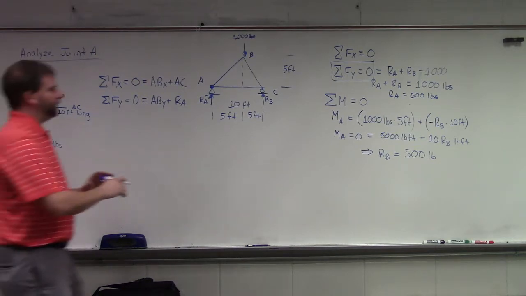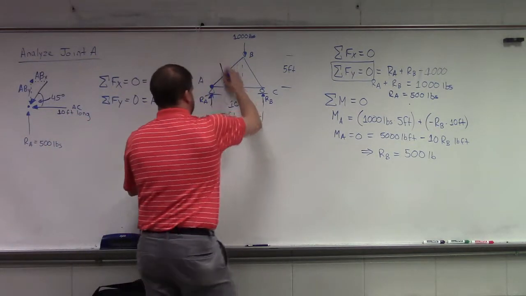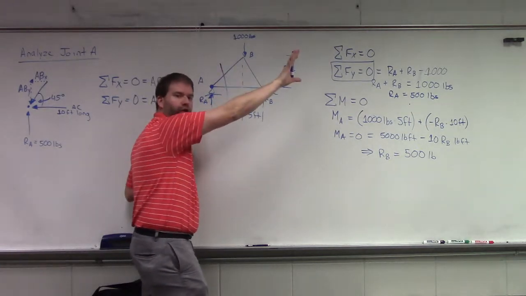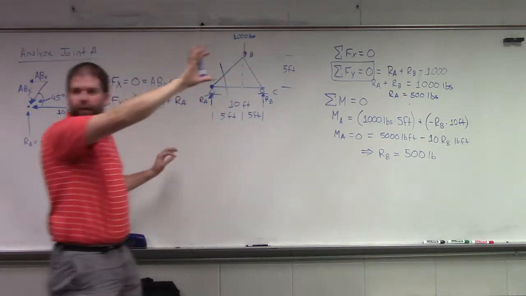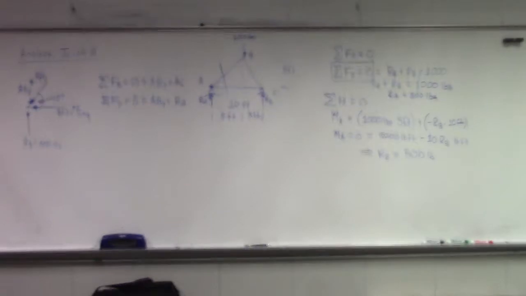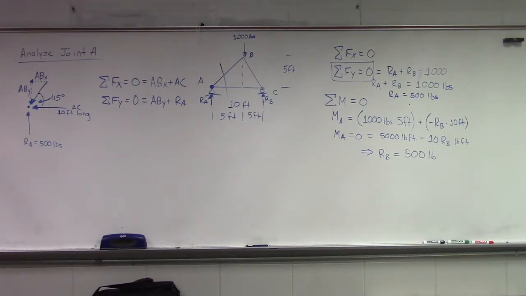Because we've taken our truss and we've cut it here, and so we're completely ignoring everything to the right of that portion of the member. Is it assumed there's no force on your bottom chord in the X direction? Nope.